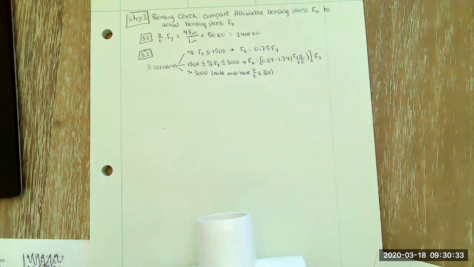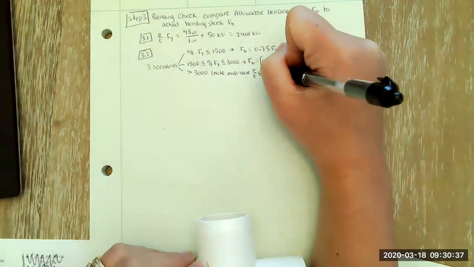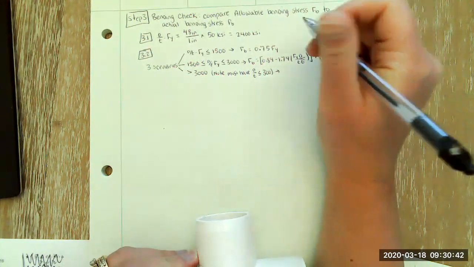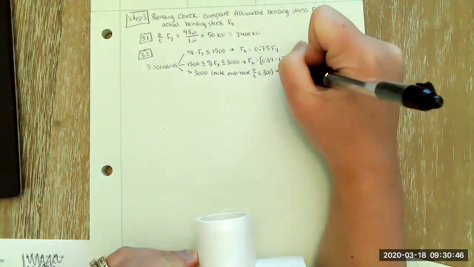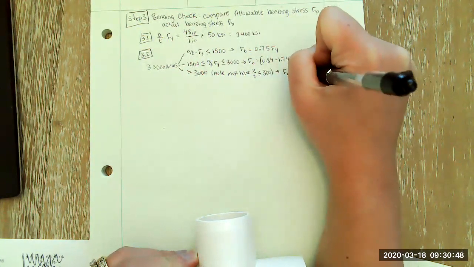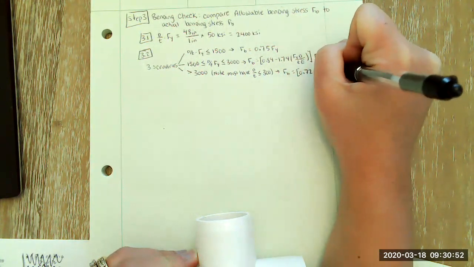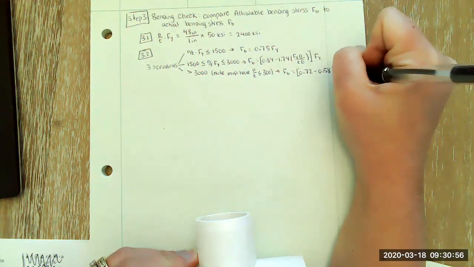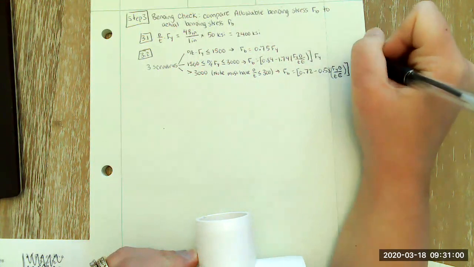They're saying that's really not going to withstand the necessary bending. And if that's the situation, our allowable bending stress is equal to 0.72 minus 0.58 times Fy D over E, that whole quantity times Fy.